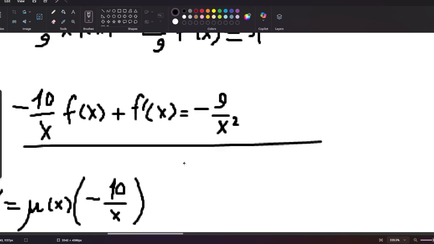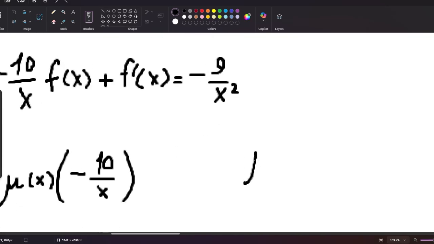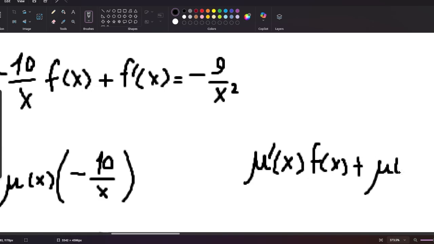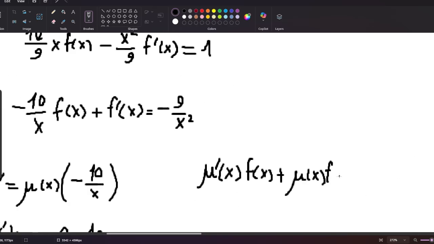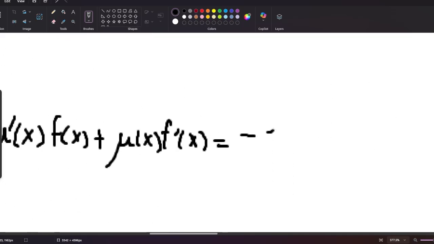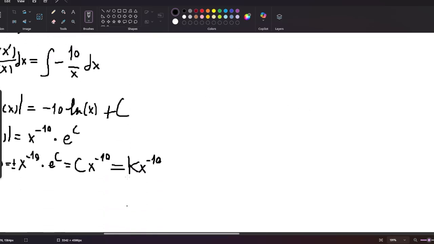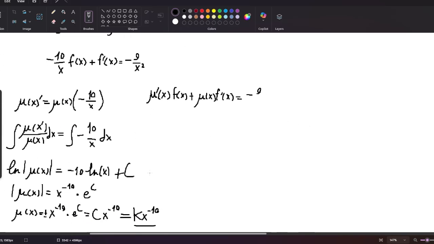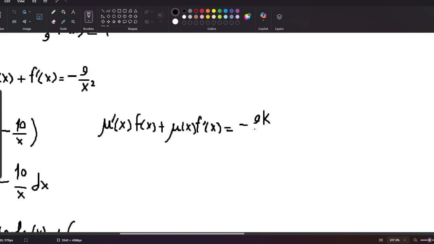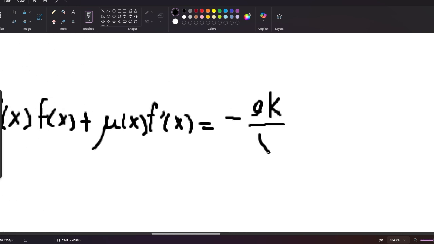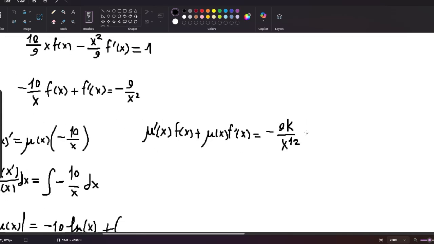We can multiply everything by it, and we will have mu prime of x times f of x plus mu of x times f prime of x equals negative 9 times mu of x, which is k times x to the power of negative 10, so that's x to the power of 12 in the denominator.